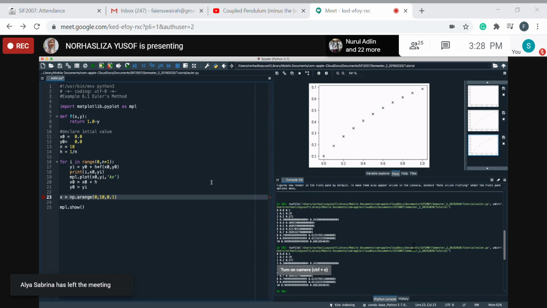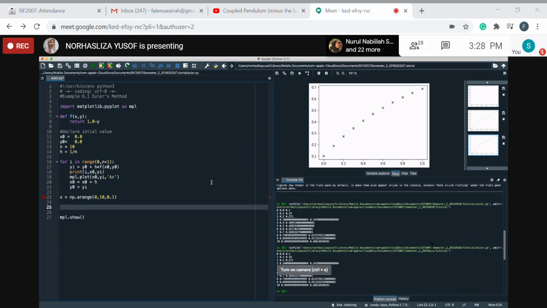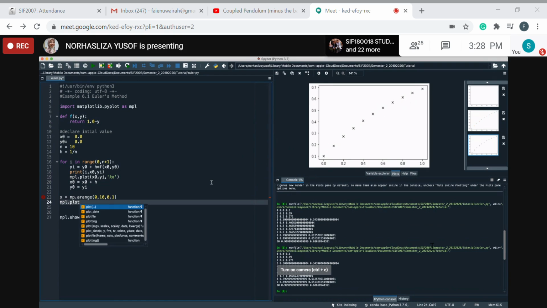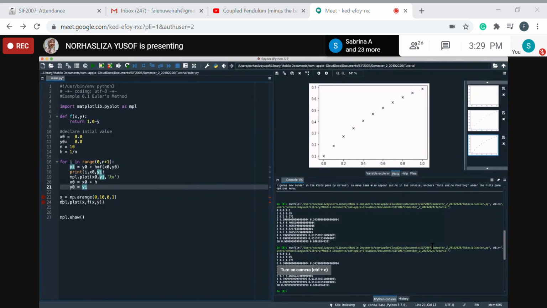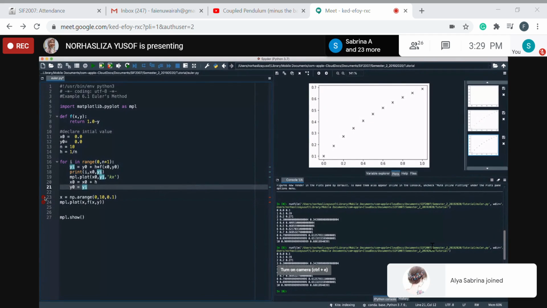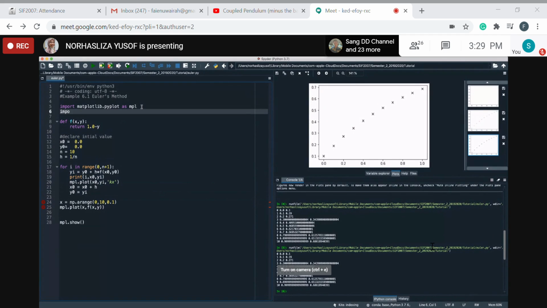This is for another line. Then I plot the real function. Now this is your x, and now you have f(x, y). Oh, you have to import numpy.